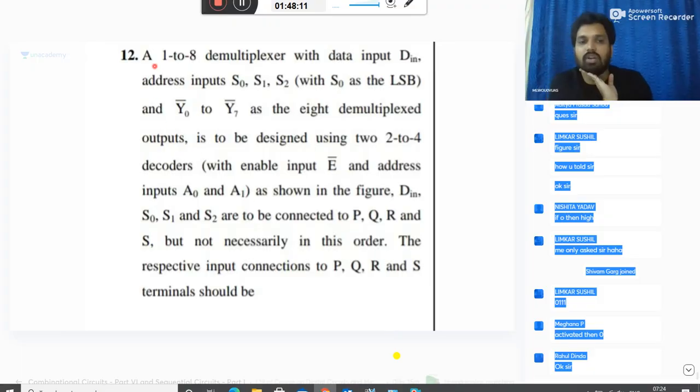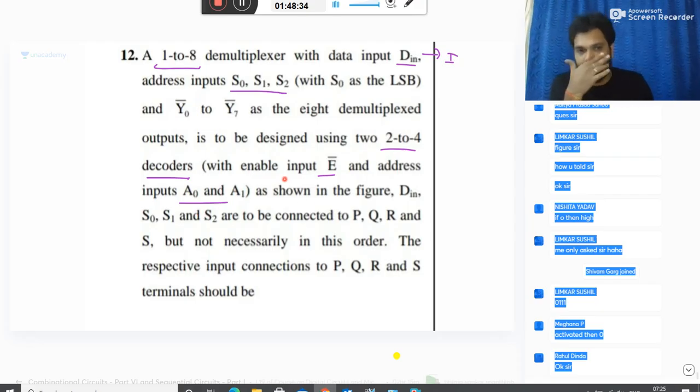The question is not difficult. A 1 by 8 DMUX is to be made with S0 to S2 as the selection lines, D in as the data input, and Y0 to Y7 as the 8 demultiplexed outputs. It is to be designed using two 2 by 4 decoders with enable input E bar and address lines A1, A0. It can be anything; it doesn't matter.